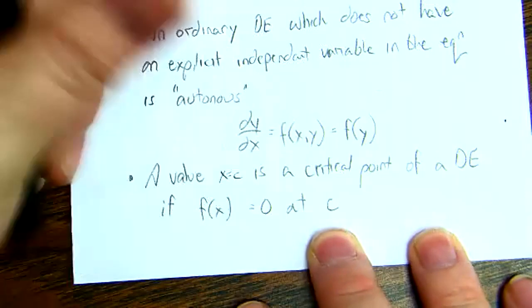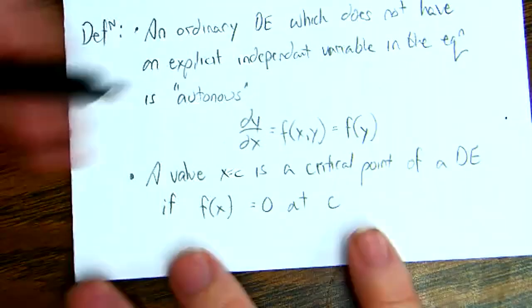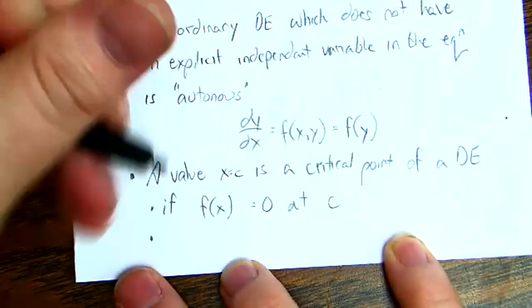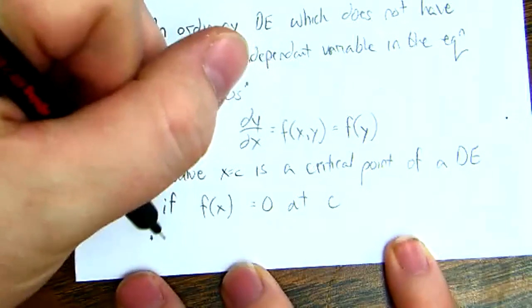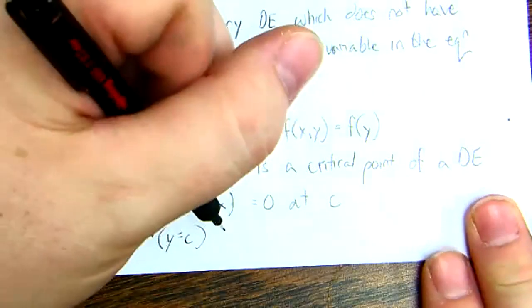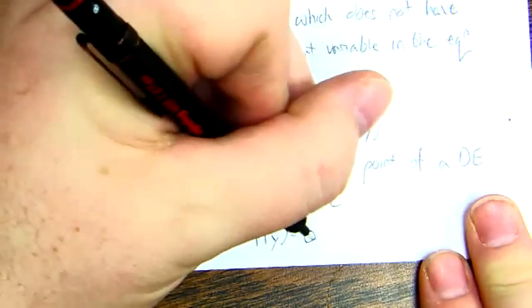But if our differential equation is autonomous, then we don't have f of x, we have f of y. So in this case, we would need to say a value y equals c is a critical point if f of y equals 0 at y equals c.